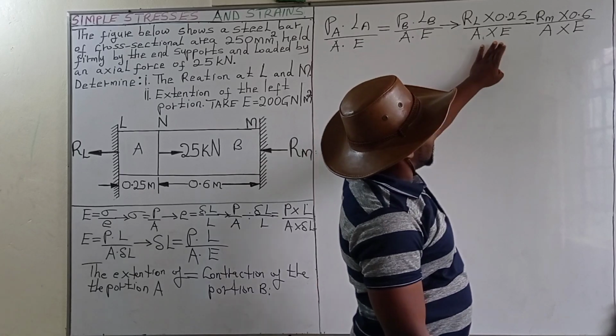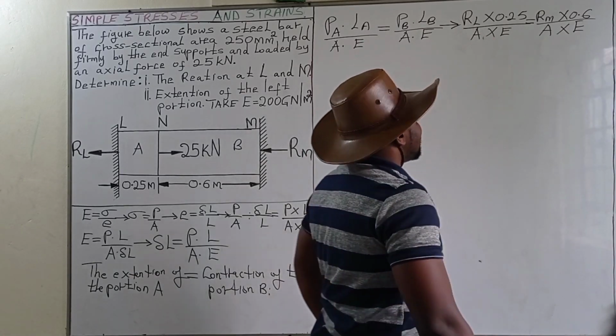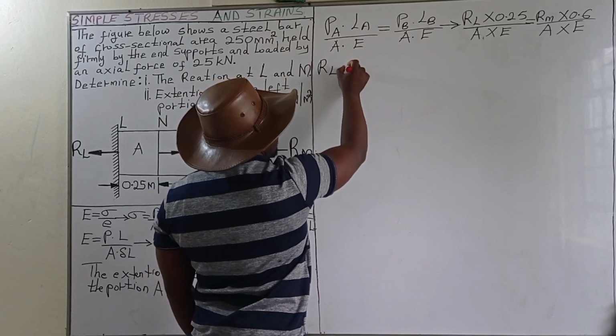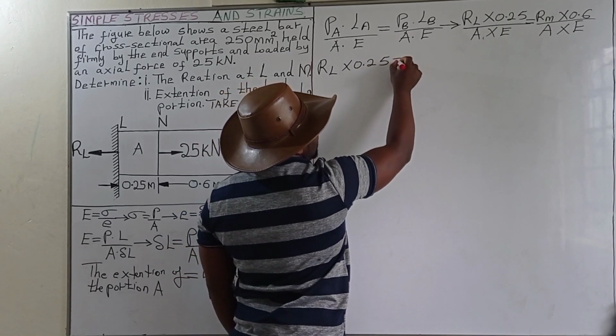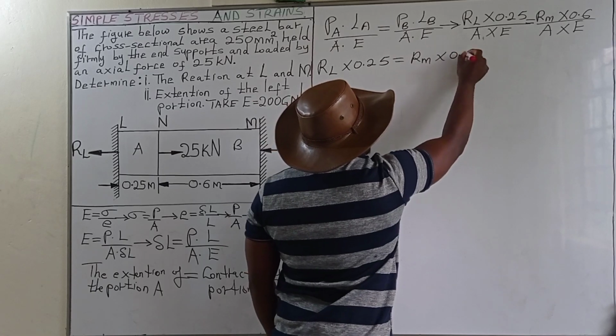Now, since A and E are common, definitely they are going to cancel each other. So we are going to remain with the reaction at L times 0.25 is equal to the reaction M times 0.6.